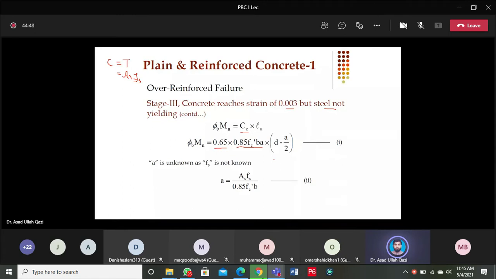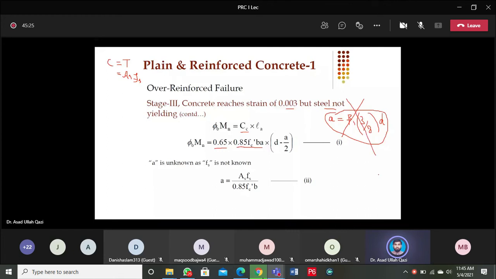The problem is, unlike tension controlled under reinforced cross section where we have derived from the strain diagram that a will be beta 1 3 over 8 d. So from strain diagram we can easily get this expression. Now since section is not tension controlled under reinforced, a I can't use equal to beta 1 3 over 8 d.